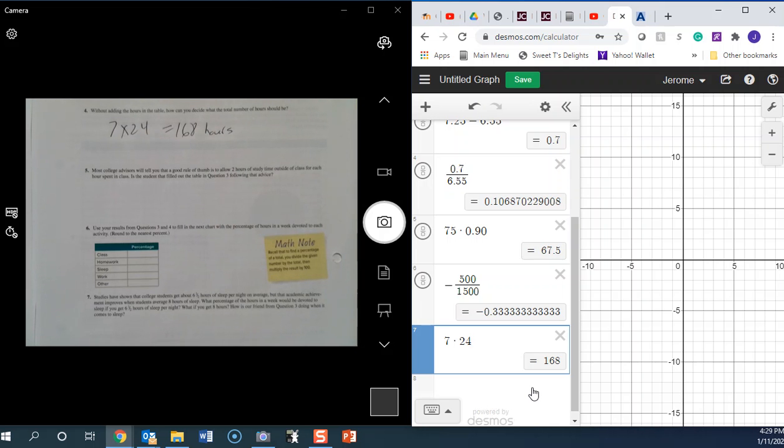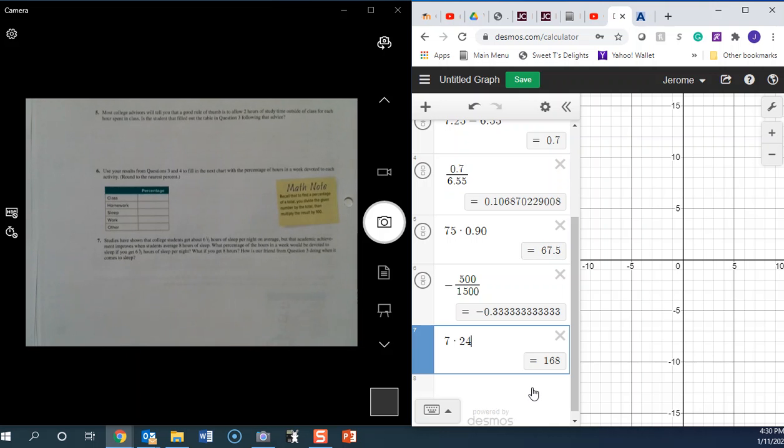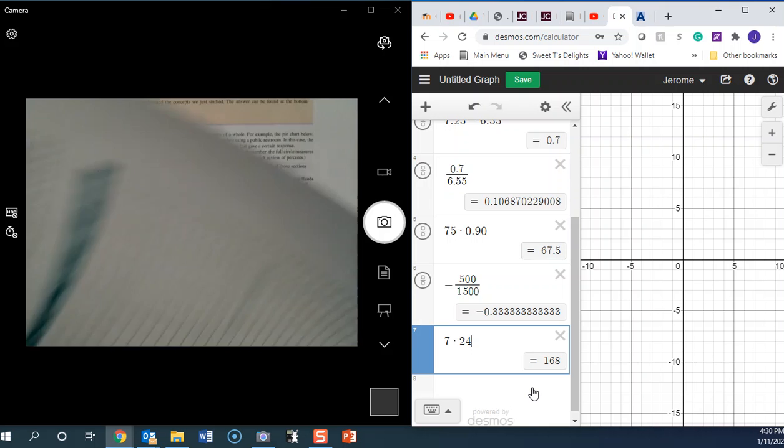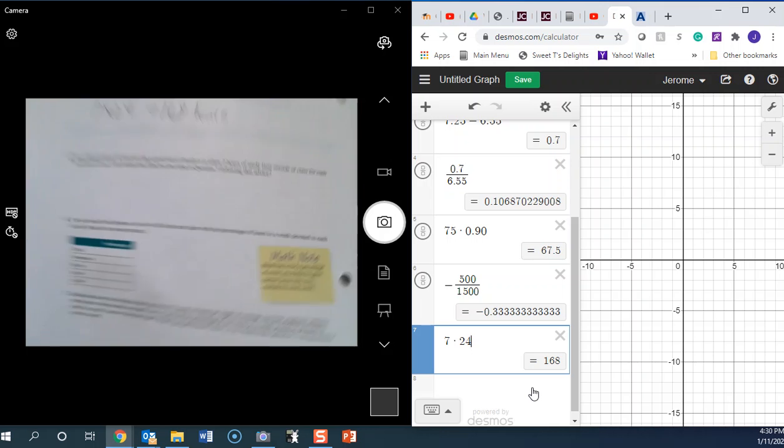Okay, number 5. Most college advisors will tell you that a good rule of thumb is to allow 2 hours of study time outside of class for each hour spent in class. Is the student that filled out the table in question 3 following this advice? They say how many hours are spent in class? We go here. Class is 15 hours.